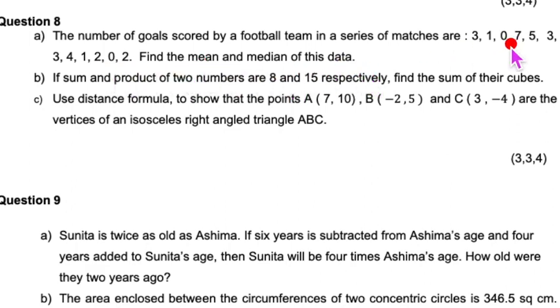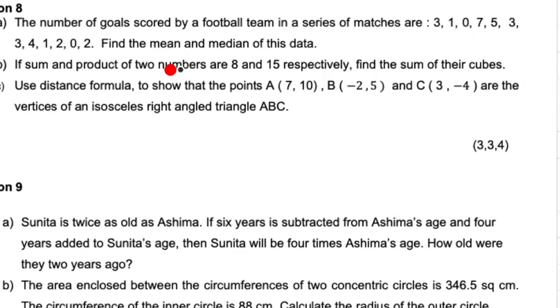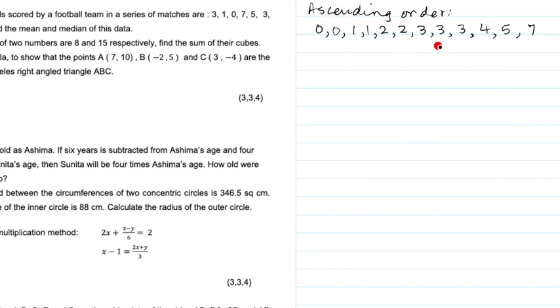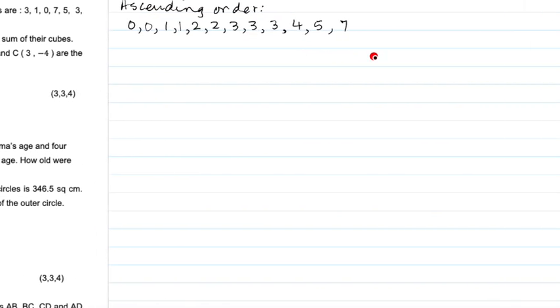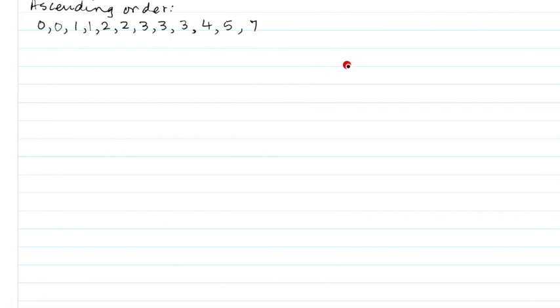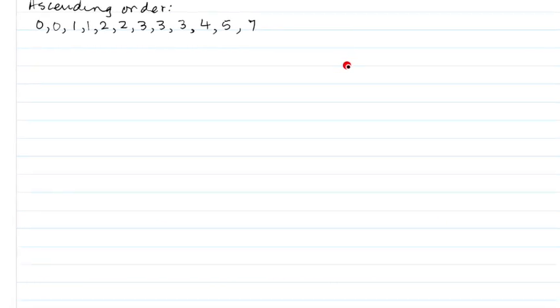Now for mean, we'll have to add all of these, and that will be our sigma x. And how many are these values? 1, 2, 3, 4, 5, 6, 7, 8, 9, 10, 11, 12. So I have written this in ascending order. There are 12 values here. So at one go only, we will know how to find our mean and median.